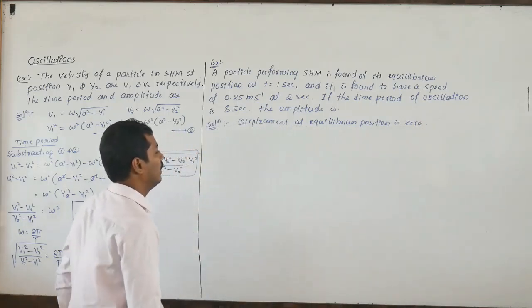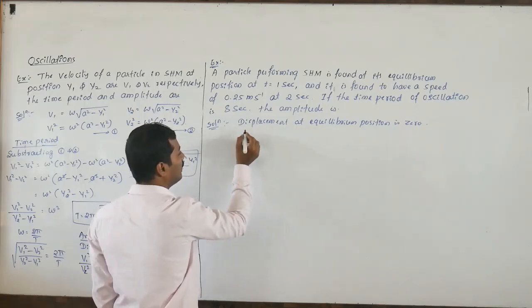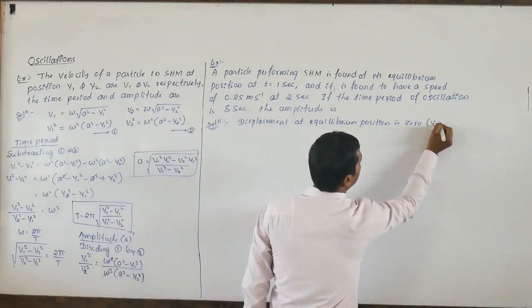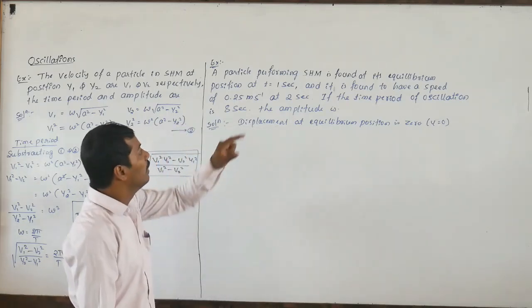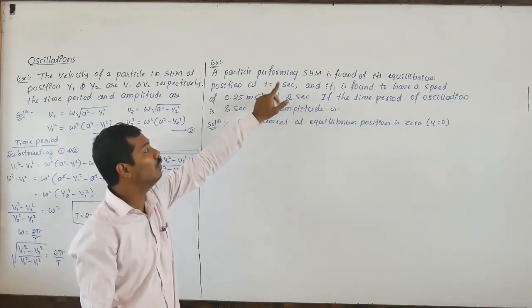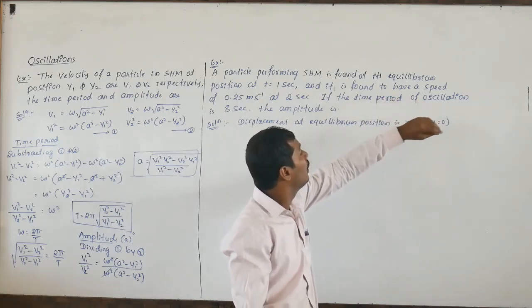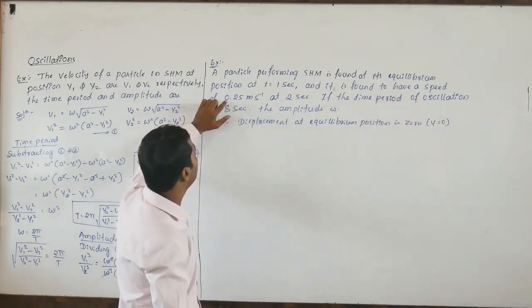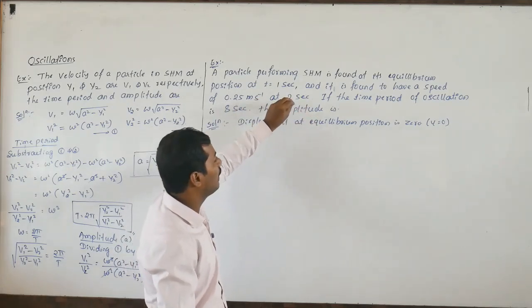So y equals 0 at time t equals 1. Next, it is found to have a speed of 0.25 meter per second at 2 seconds.